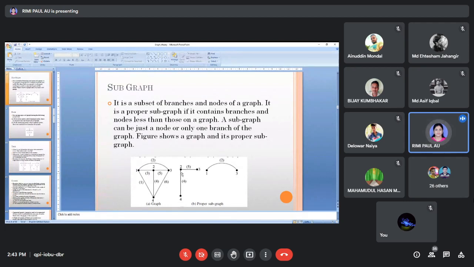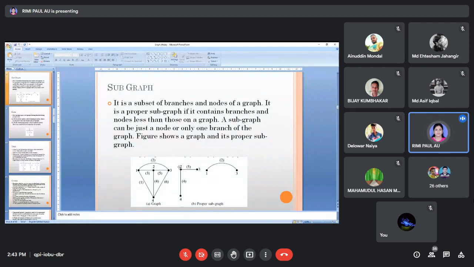It is a proper subgraph if it contains branches and nodes less than those on the graph. A subgraph can be just a node or only one branch of the graph. That means we can say this is a proper subgraph if, suppose here we can see that 1, 2, 3, 4, four nodes are present.